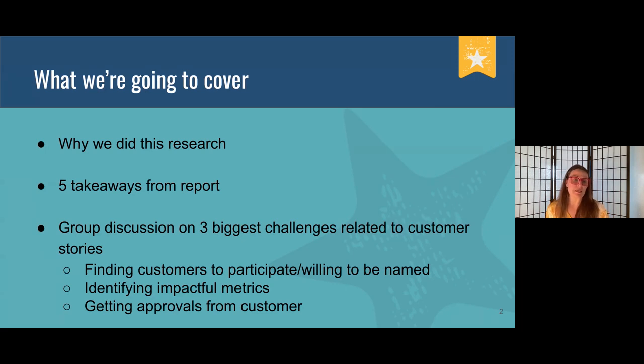The 3 topics for discussion would be finding customers willing to participate or be named in customer stories. Number 2 would be how to identify impactful metrics. And number 3, how to get approvals from customers.